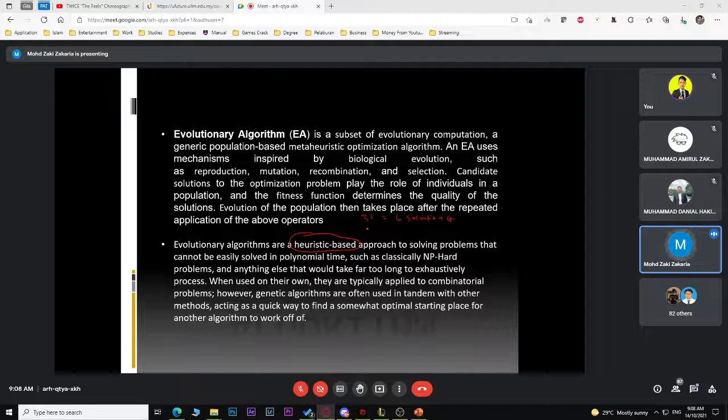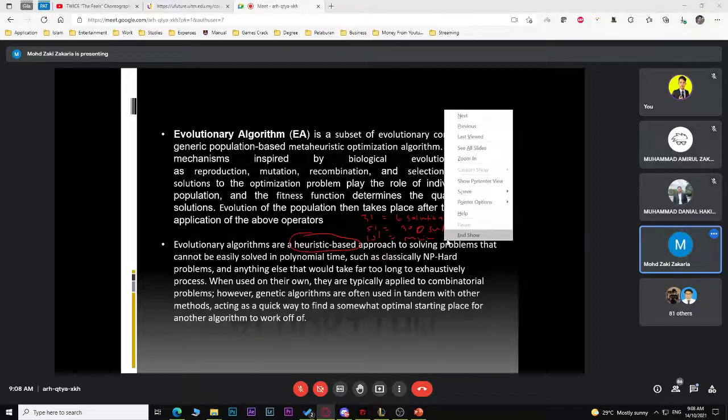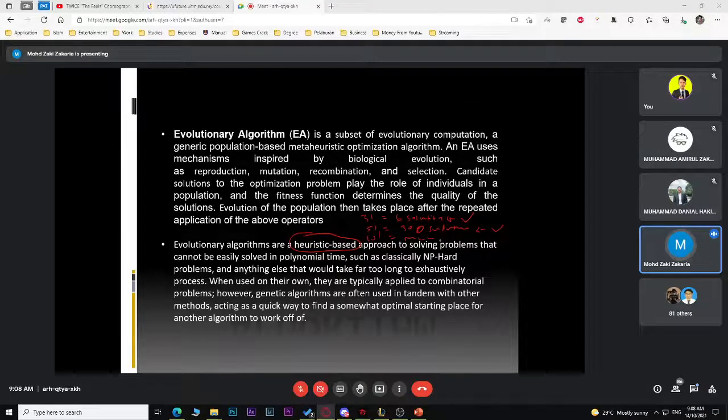For 5 factorial, for example 5 cities, maybe 120 solutions, we can still manage this one. But how about 10 factorial or 10 cities? This is millions of solutions. Millions are difficult to manage because to produce the result needs time, maybe 2-3 minutes, maybe more than 5 minutes to calculate, then show the result.